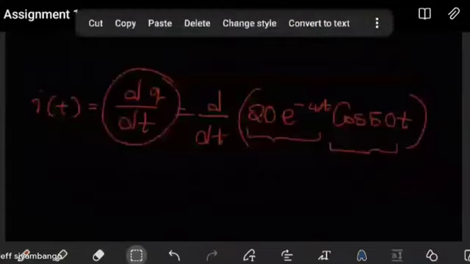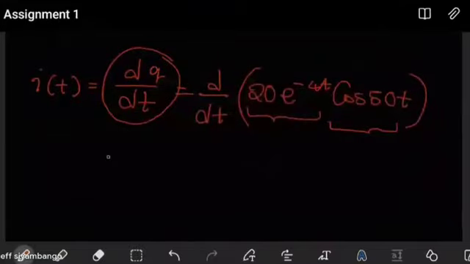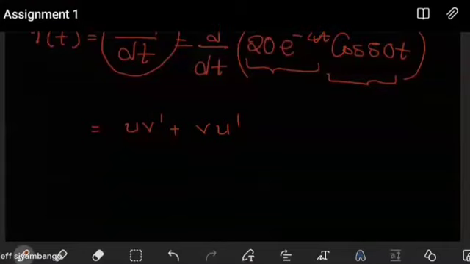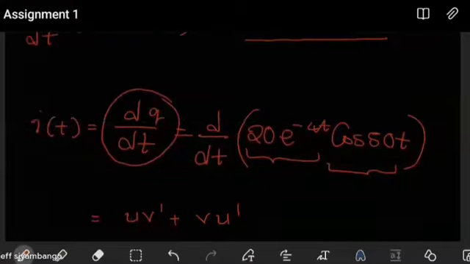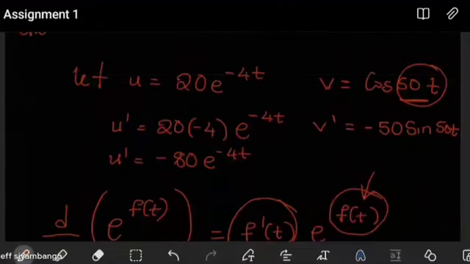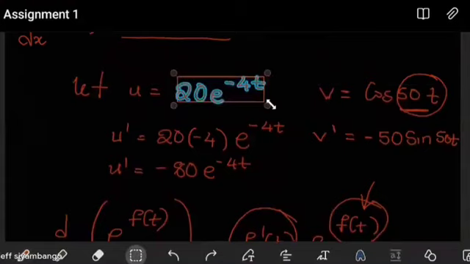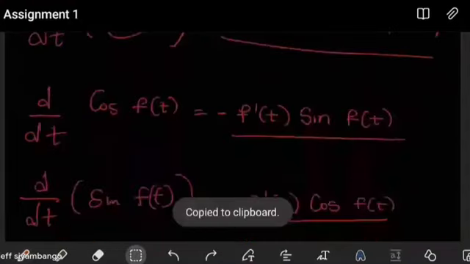So current, which is the rate of flow of charge with respect to time, will just be the derivative of the charge with respect to time. By product rule, I have U V prime plus V U prime. The best thing about using U and V is that now I can just substitute what my U is. I defined U here as 20 e to the minus 4t. So I'll just copy this. This is what U is. So where there's U, I'll put that.